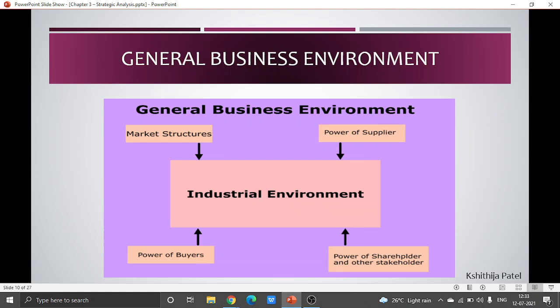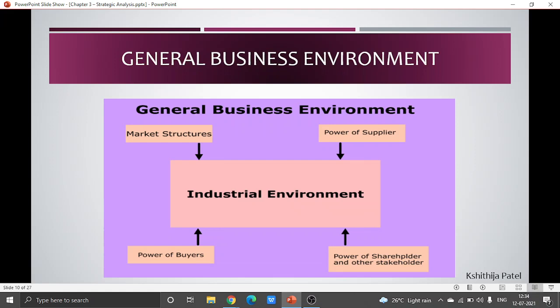Then the next one is the power of suppliers. Suppliers supply materials to a firm, which through the production process are converted into the final product by the firm. So the attractiveness of any industry is also affected by the power of suppliers. If there are only a few suppliers in the market, then it definitely increases the power of the suppliers, reducing the attractiveness of the industry. Similarly, we have switching cost.